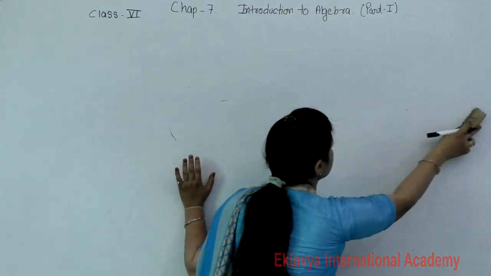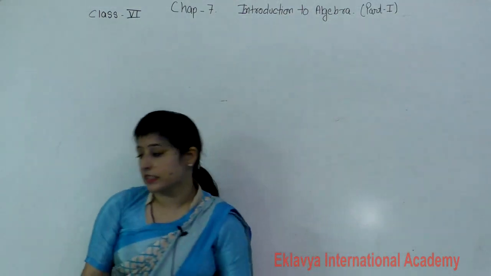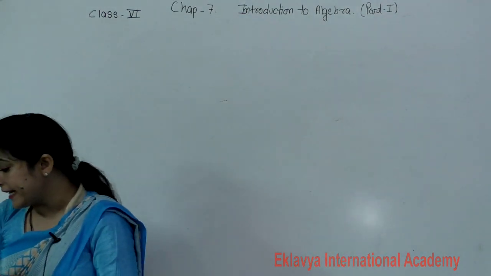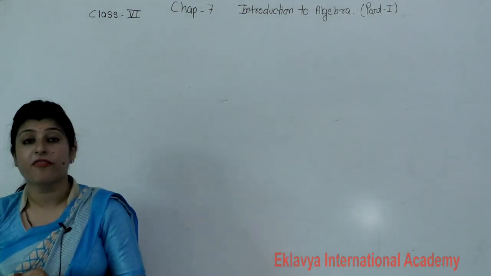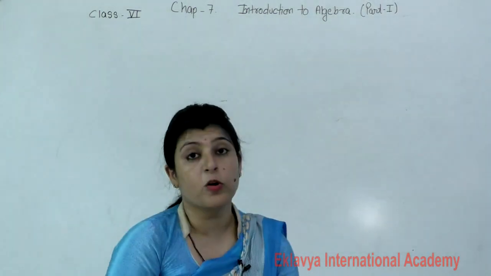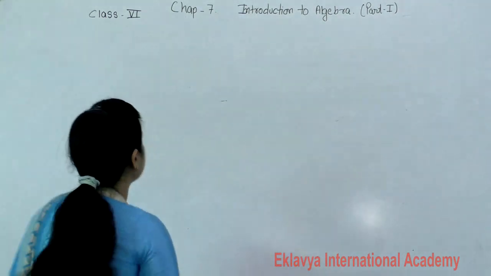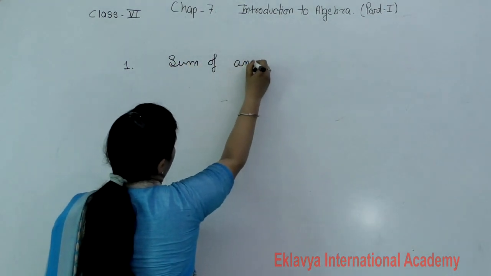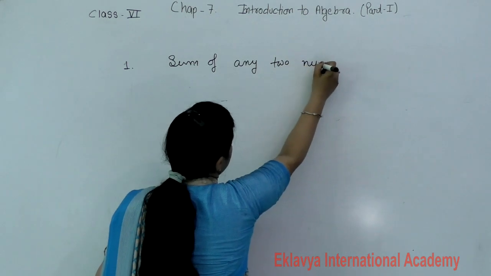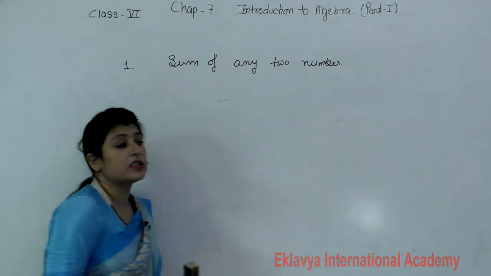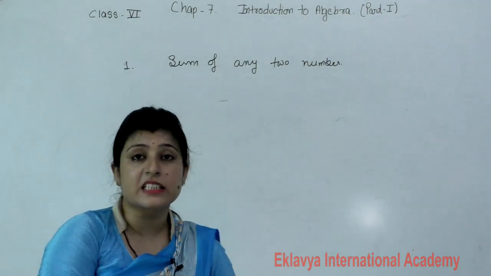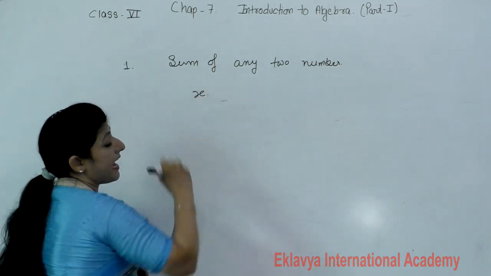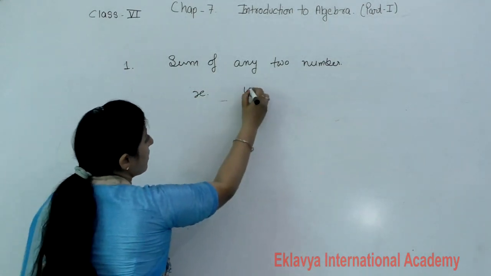Okay, this is basically the variable. Now see, there are some examples. Your question number one: use the symbols of algebra to write an expression which indicates the sum of any two numbers. If we want to represent the sum of any two numbers, we don't know both numbers, but we want to represent their sum. So we take, let one number be x, another number be y.